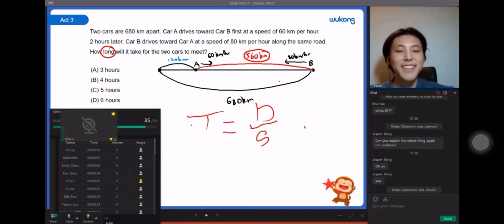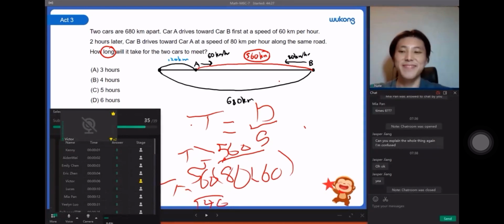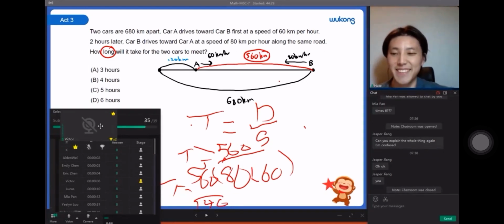So time is equal to 560 divided by the total speed, which would be 80 plus 60. So time is equal to 560 over 140, and then that would be 4. Perfect. So it would be 4 hours.